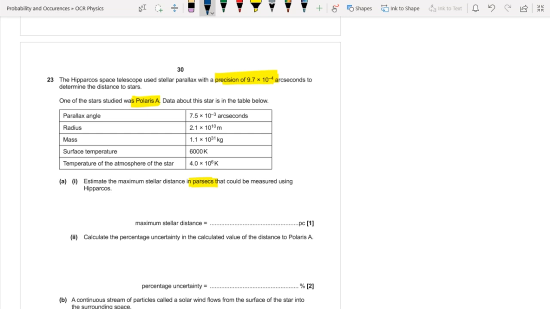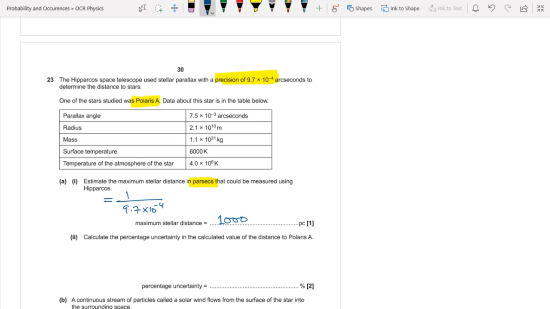So the maximum stellar distance would be 1 over the maximum precision of the telescope, that is 9.7 times 10 to the power minus 4 arcseconds. That would give us 1031, and rounded off to two significant figures, it is 1000 parsecs.